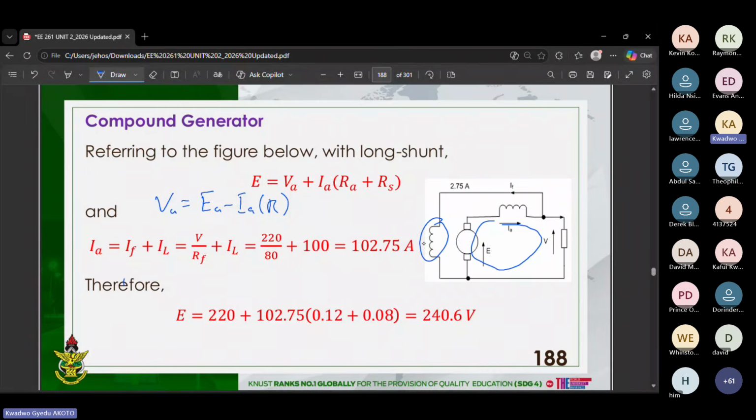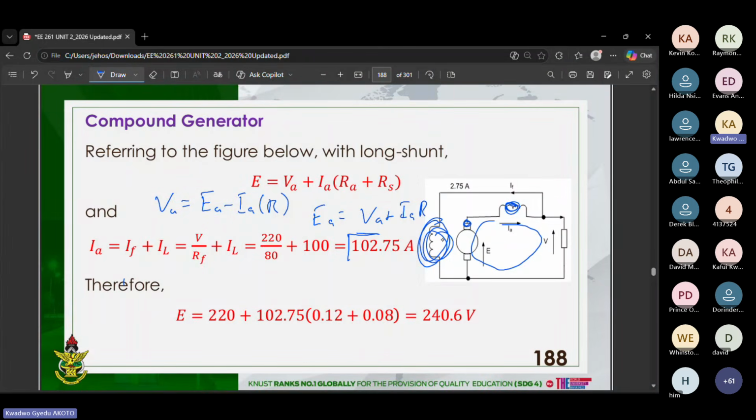So our R is just going to be our armature resistance plus our series field resistance, right? So we have here EA is now going to be VA plus IAR. We already know IA to be load current plus field current because our IA is the current coming from here, right?